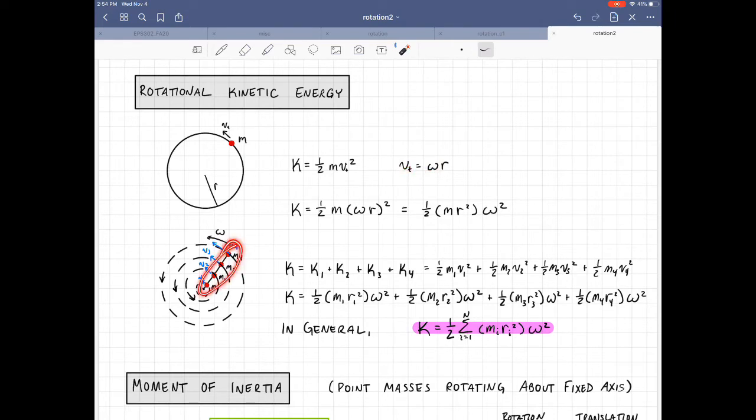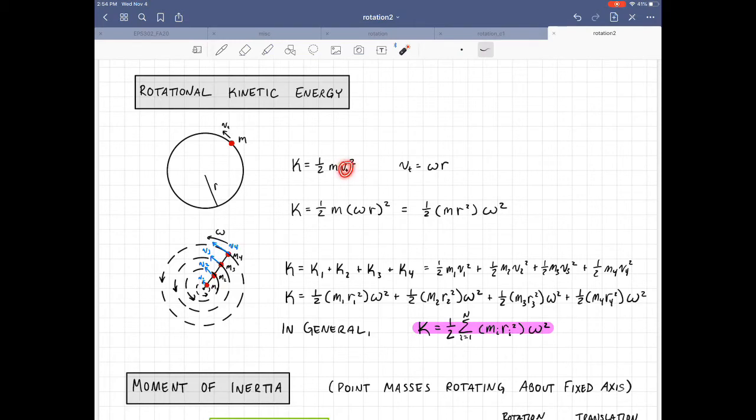So I've got 4 objects here. If I want the kinetic energy of these 4 objects, I just have to add up the individual kinetic energies of all 4 objects. I'm writing this out in detail. Here's each of the kinetic energy terms. Again, this is 1/2 mv squared, the translational speed. And then I'm going to swap out what I did up here.